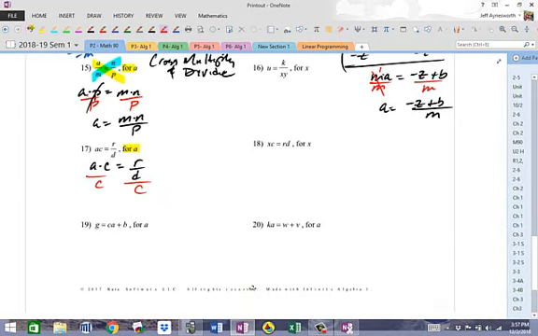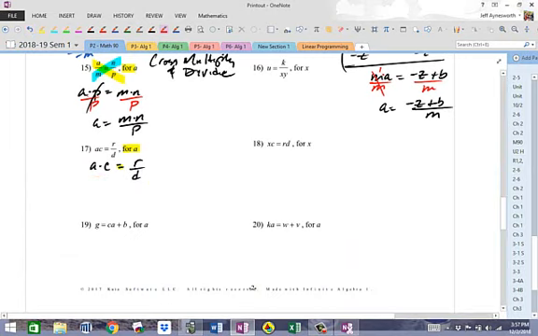Okay, so I'm going to rewind here. I would multiply by the reciprocal. So let's write that down: multiply by the reciprocal, which is something you've seen me do in class.